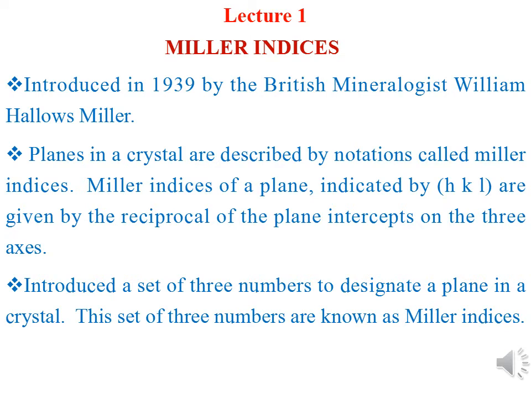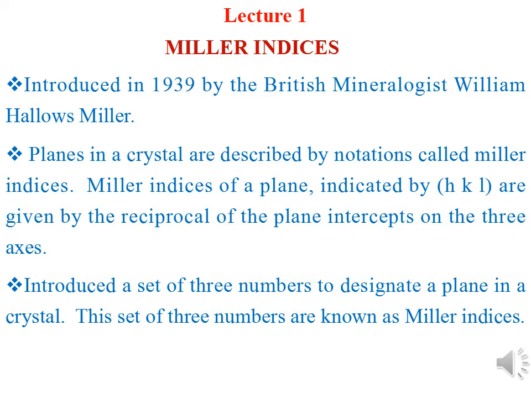Lecture 1, Miller indices. Miller indices were introduced in 1839 by British mineralogist William Hallowes Miller. Planes in a crystal are described by notations called Miller indices. It is a plane indicated by HKL, or given by the reciprocal of the plane intercepts on the 3 axes.